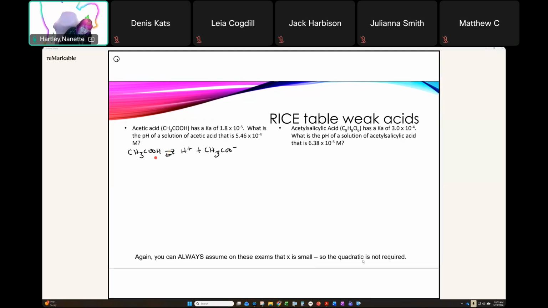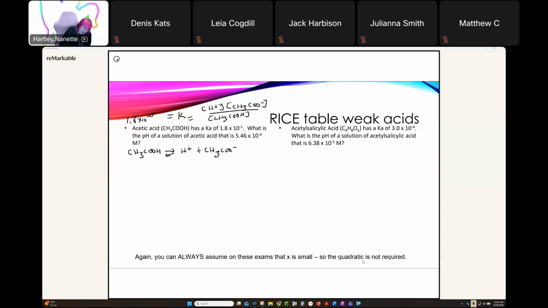I know that this will have a K that is equal to the concentration of the H plus times the concentration of the CH3COO minus over the concentration of the CH3COOH, and that is also equal to 1.8 times 10 to the minus fifth, because that's what the value is right here.